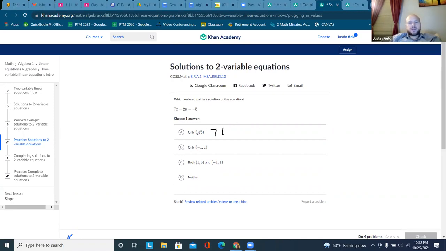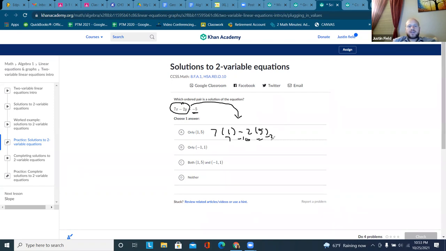So I'm going to substitute 1 in for x and 5 in for y. See? And then I'm going to see if I get -5. So this is 7 and then 10. That would be -3. So that means no. And then -1 and 1.